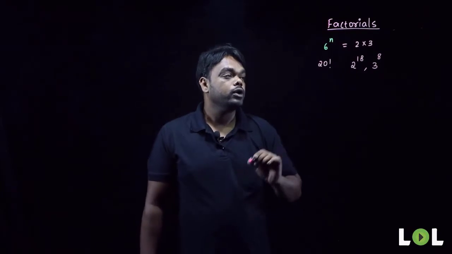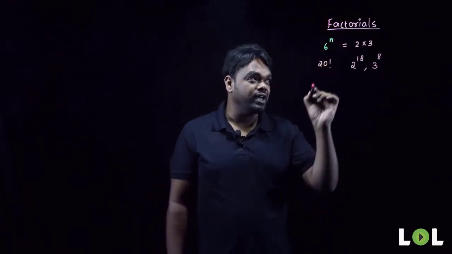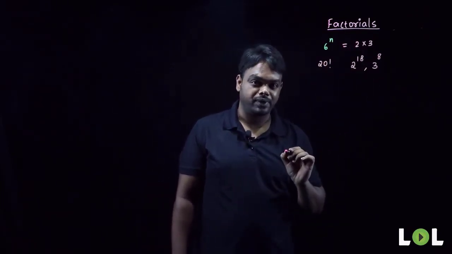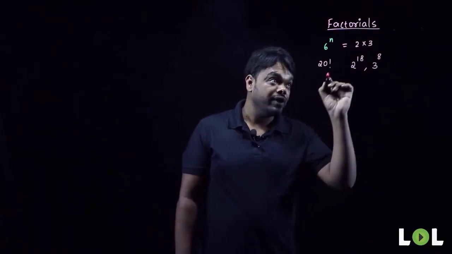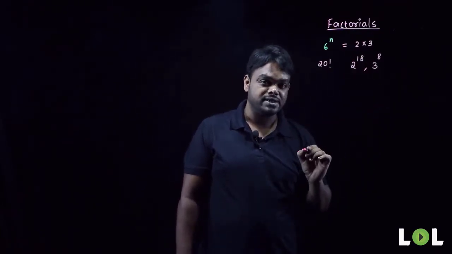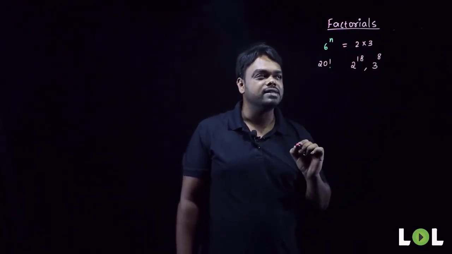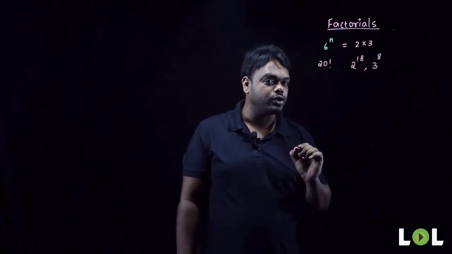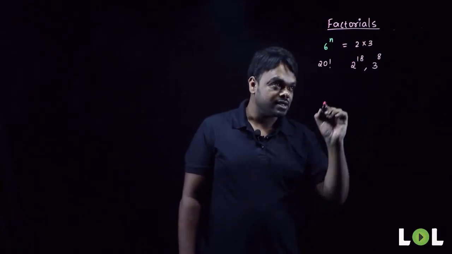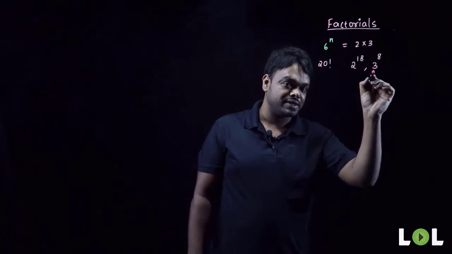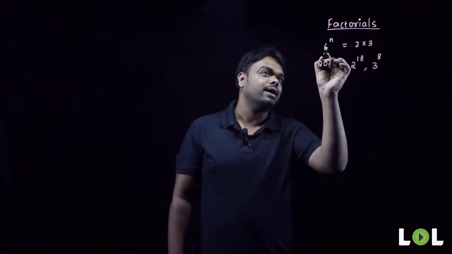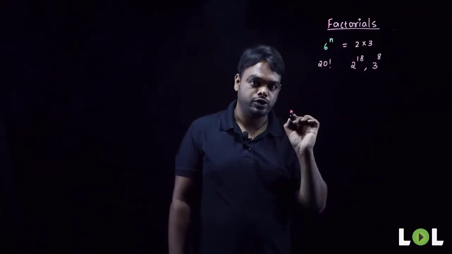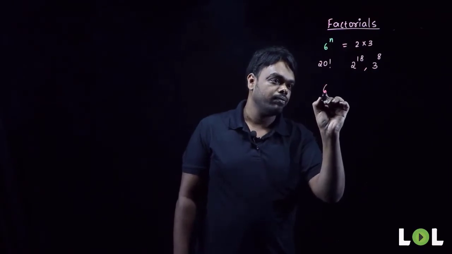Now, to create one 6, we need one 2 and one 3, right? Now, we have 18 2s and 8 3s. Can I use all the 18 2s here to create 6? No. Since we have only 8 3s, now this is something like a couple or a marriage. Now, 6 is a marriage.